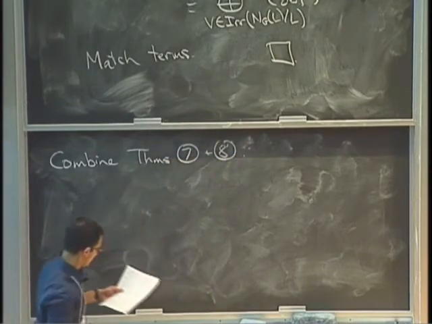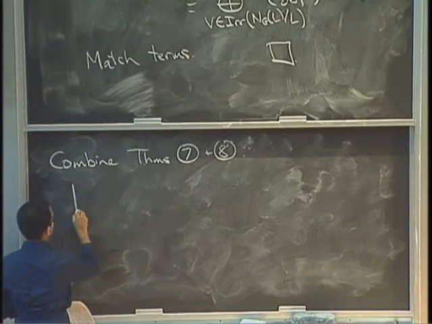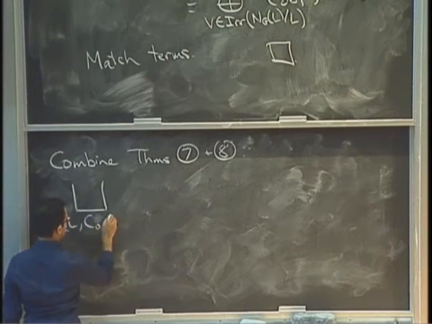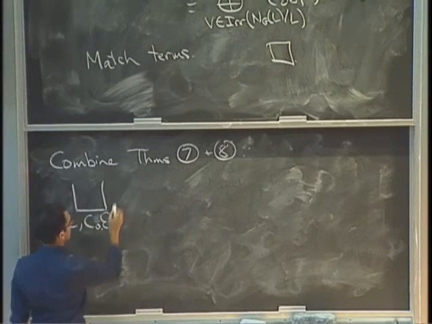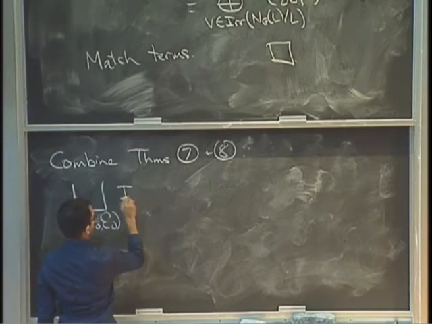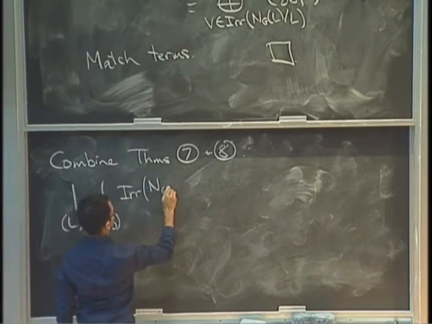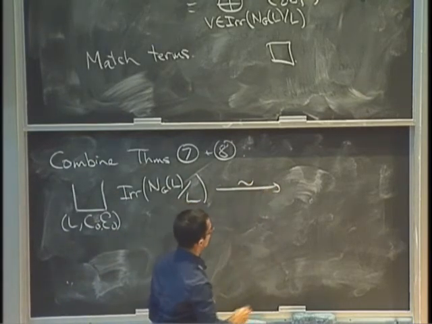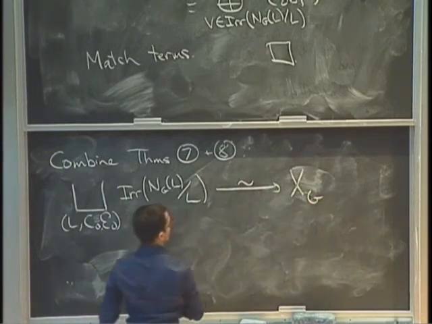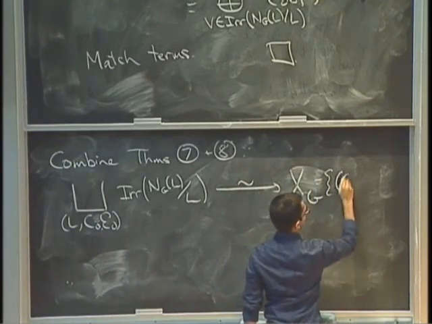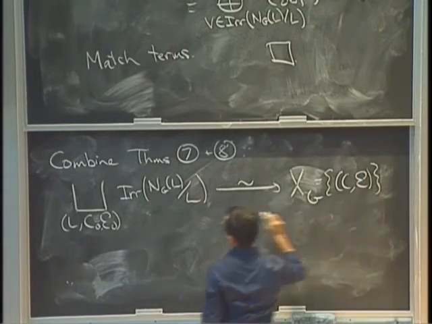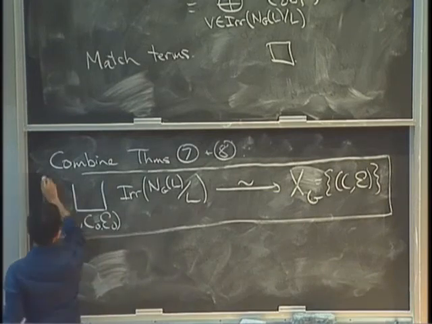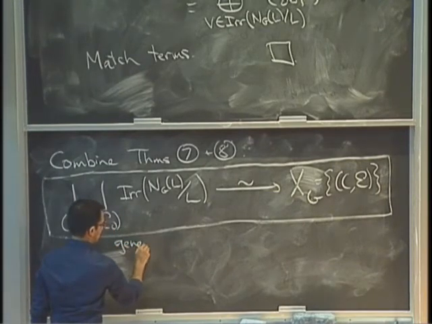So together, you get this disjoint union over all these triples, L, C naught, E naught, of irreducible representations of NG of L mod L. And then the statement is that there's a bijection between this and XG, which is the set of pairs that we've been talking about all along. So this is, I guess, the main statement of this talk. So this is the generalized Springer correspondence.